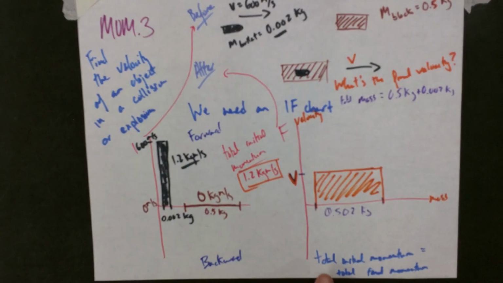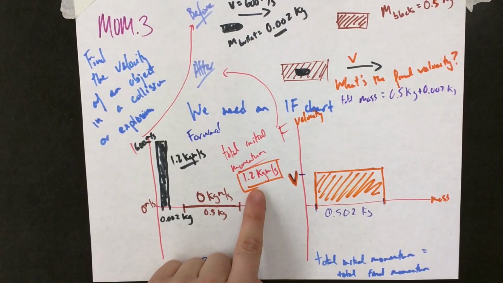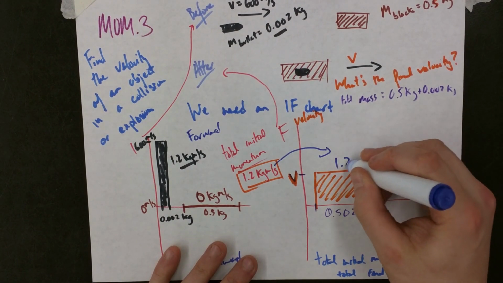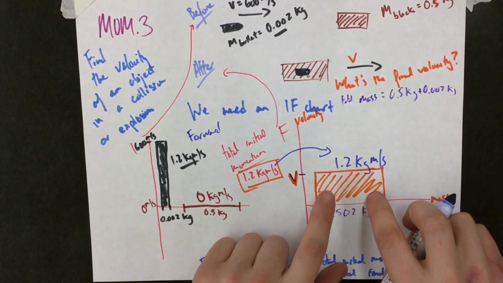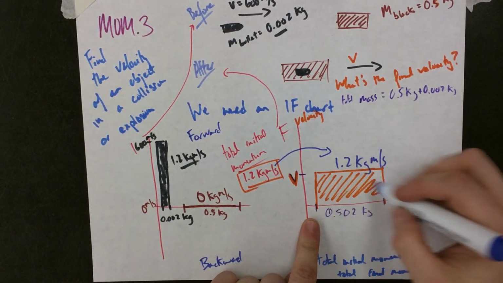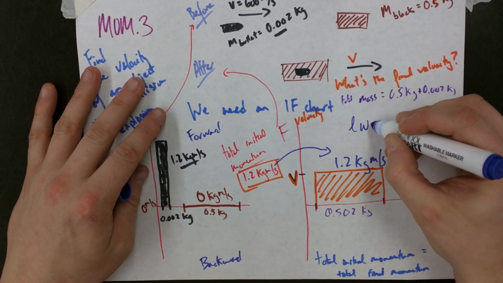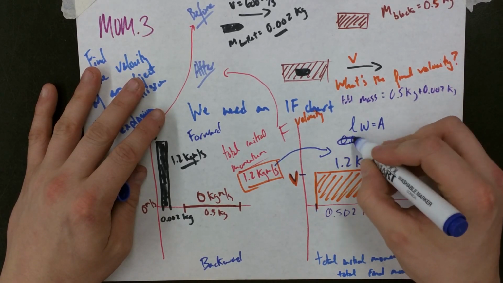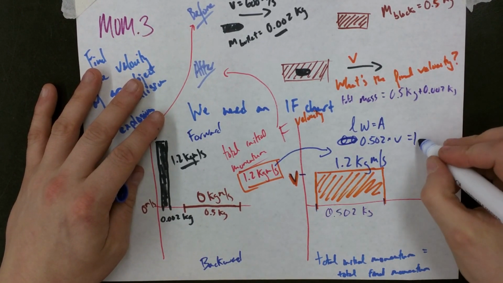Well, this is where I use the fact that the total initial momentum is the total final momentum. I found the initial momentum. Look at that. So this must also be the total final momentum. So the area of this box is 1.2 kilogram meters per second. Now look at this. I know this side, I don't know this side, but I know the area inside. So I could write out this expression that length times width is equal to area. 0.502 times v is equal to 1.2.